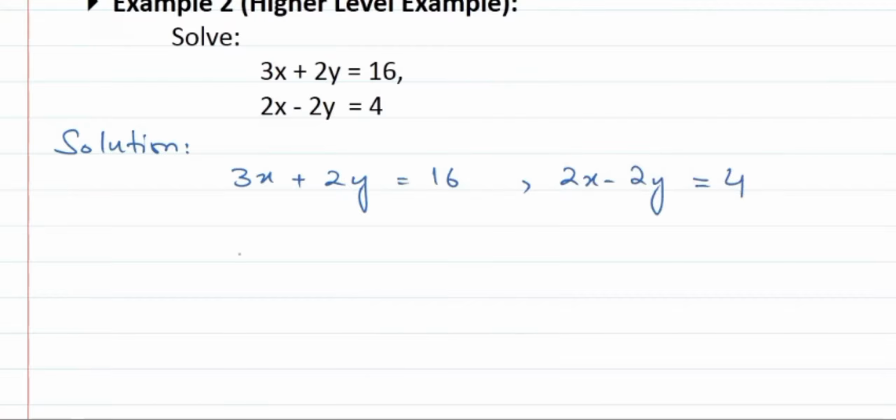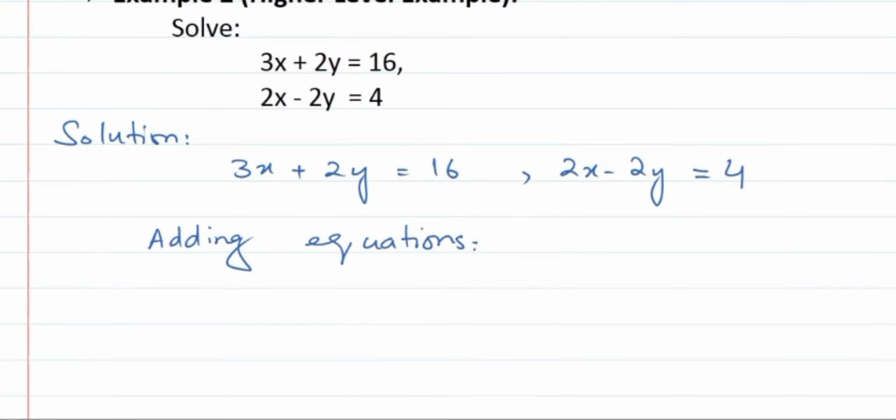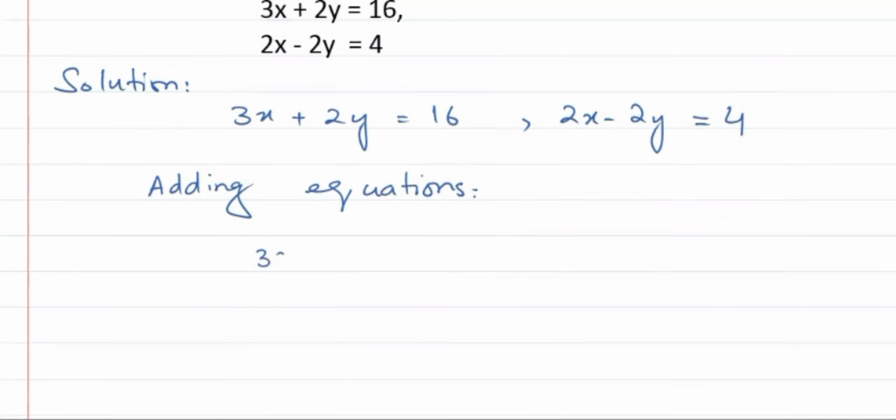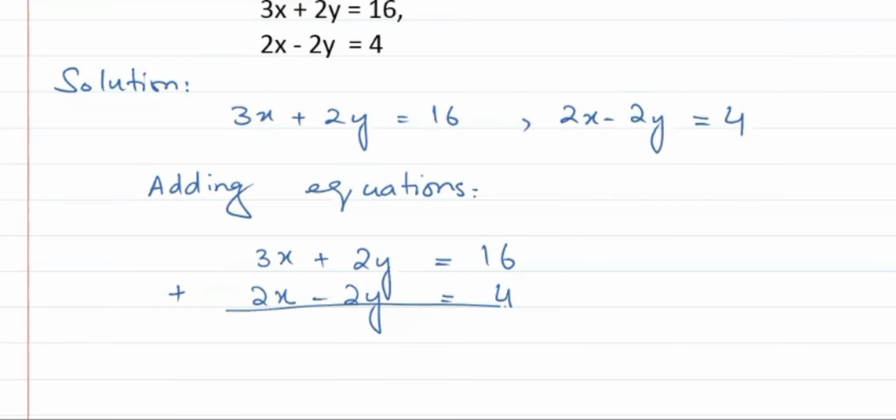Now add these equations. Let me write the equations: 3x plus 2y equals 16 plus 2x minus 2y equals 4.